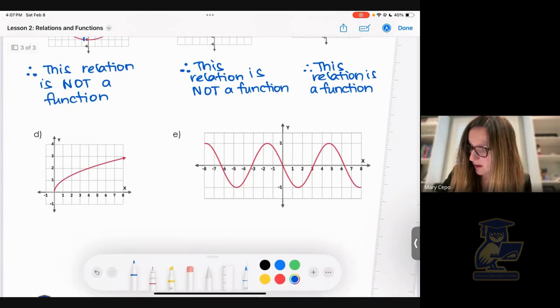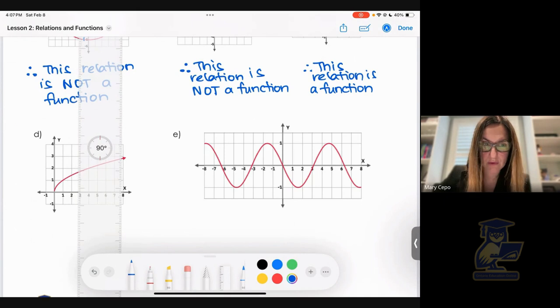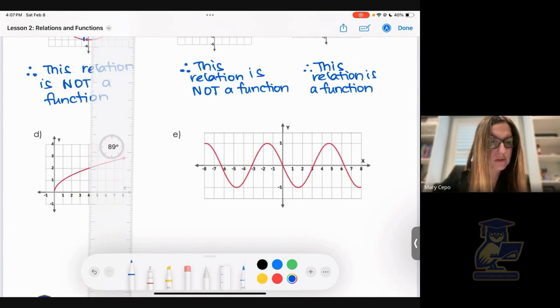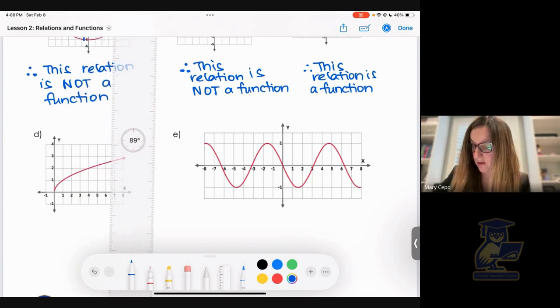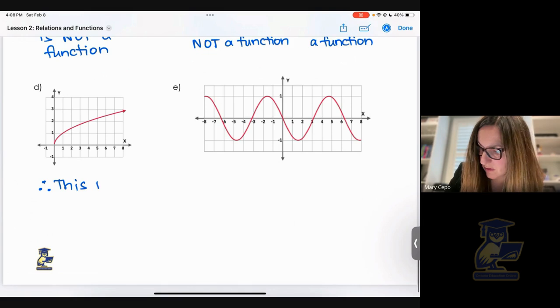Okay, two more. Again, take your vertical line. Notice throughout the graph, it is only intersecting my vertical line at one spot. So therefore, we can say this relation is a function.